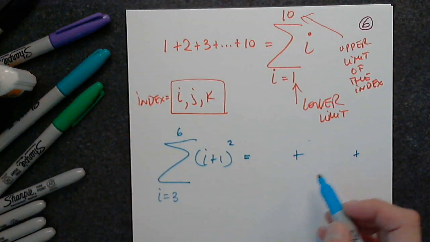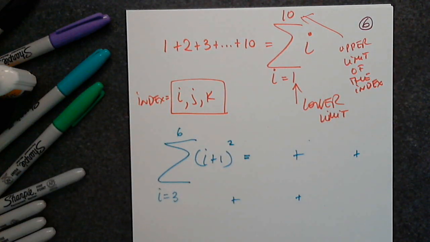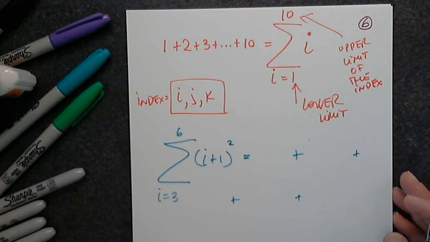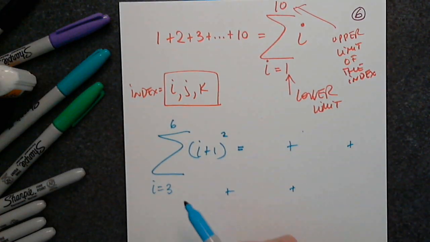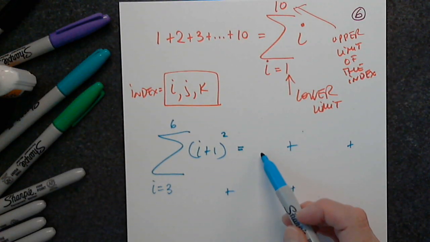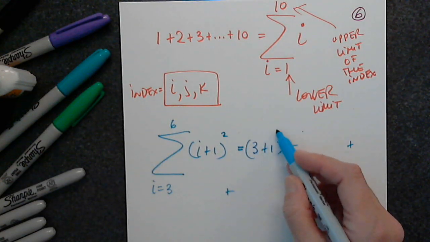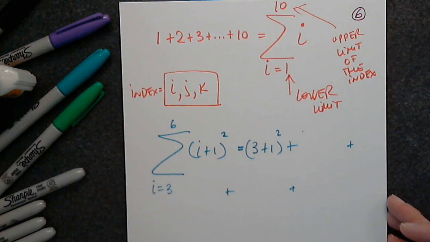Can anyone give us those 4 terms? So when I is 1, do not calculate anything. I want everyone to see what we're doing here. When I is 3, what will be the first term? 16. Right. So let's write it like this first for everyone to see. And then, yes, it is 16.